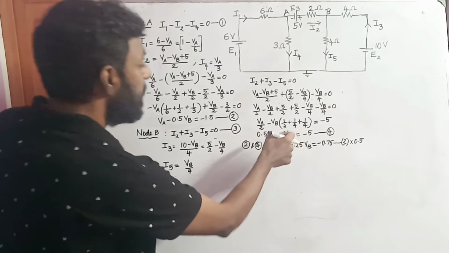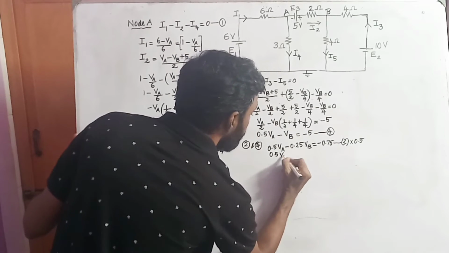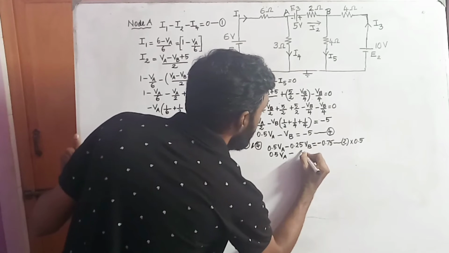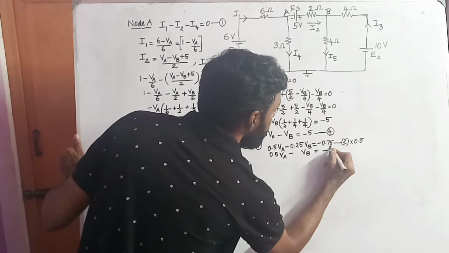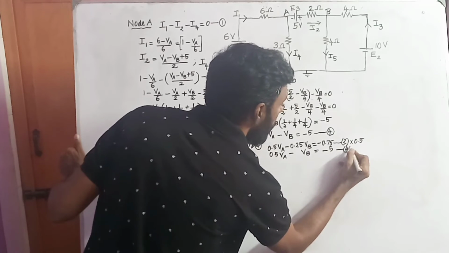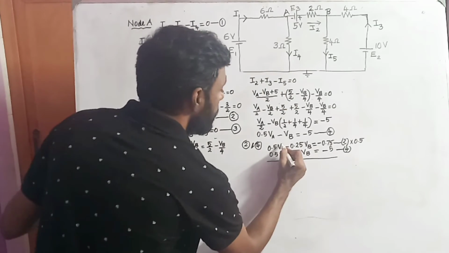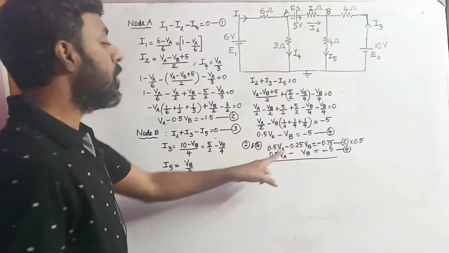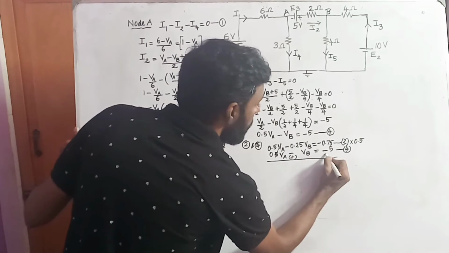Now I'm putting the fourth equation here: 0.5 VA minus VB equal to minus 5. When I simplify, 0.5 VA and 0.5 VA get cancelled, so I change the signs.